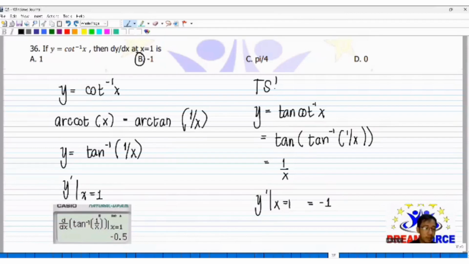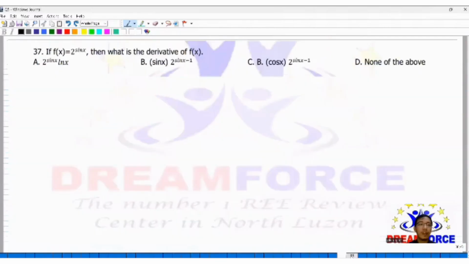Okay, next. Number 37. If f of x, ilagay ko lang siyang y, is 2 raised to sine of x, what is the derivative? Okay, i-calculator na lang natin itong number 37.